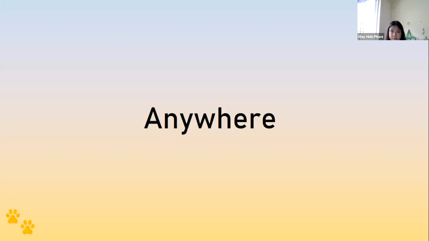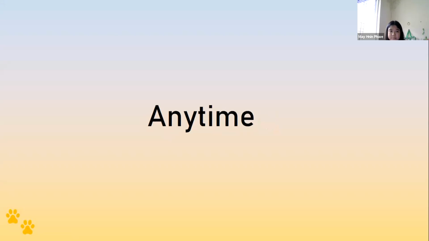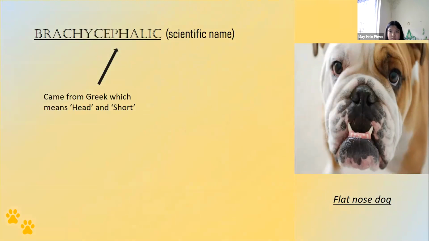Some people would like to have an animal as their pet, but a pet's nature cannot be changed forever, so it can harm you anywhere at any time. For example, a kind of dog which has a very flat nose is called brachycephalic. It's a scientific name that came from Greek and means short head.